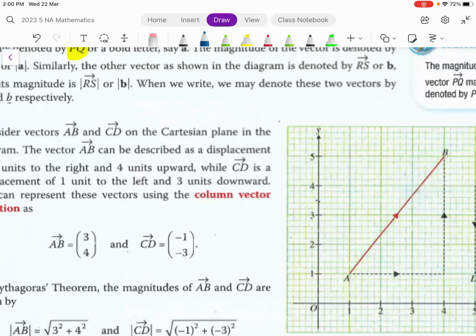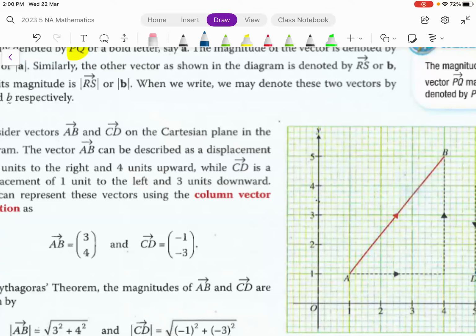So the definition: the number on top is the number of units to the right. What about the number at the bottom, the 4 over here? Not 4 units to the left, but 4 units upwards. The number at the bottom refers to the number of units you travel upwards. So when I tell you AB is (3, 4), it means 3 units to the right, 4 units to the top.